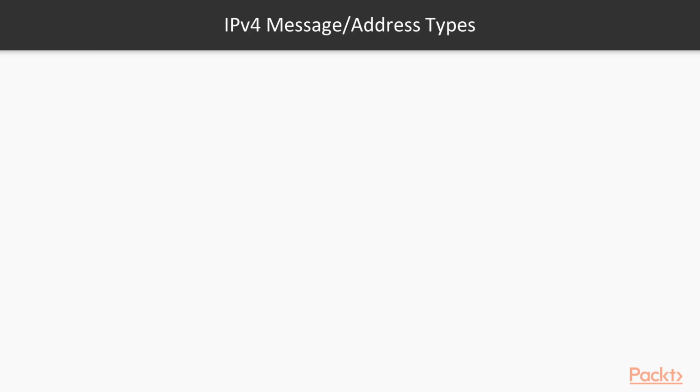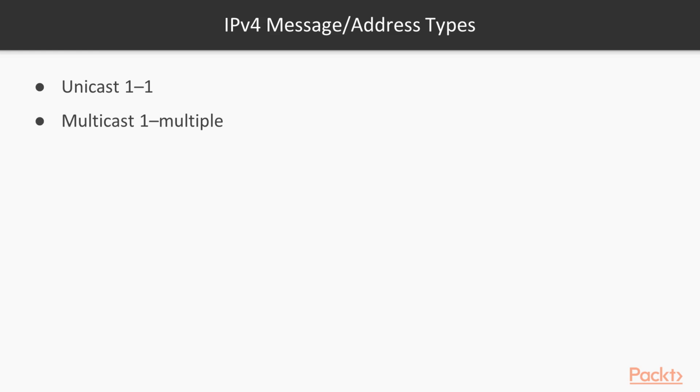In IPv4, we can have 3 types of messages, and in relation, we have 3 types of addresses. The first type is called unicast. Unicast messages go from one host to another host, and we use unicast addresses for this purpose. The next one is multicast messages.